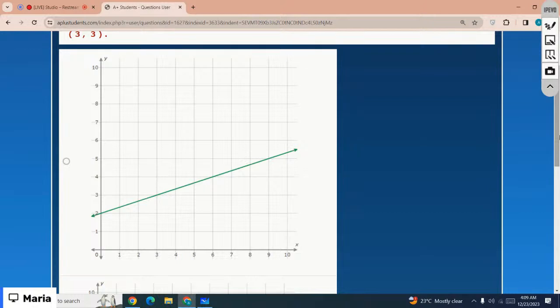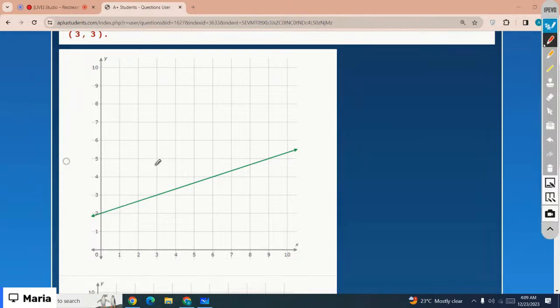So see which is the correct one. One is the correct option, right? Because it has the point (3, 3). Here is the point (3, 3).